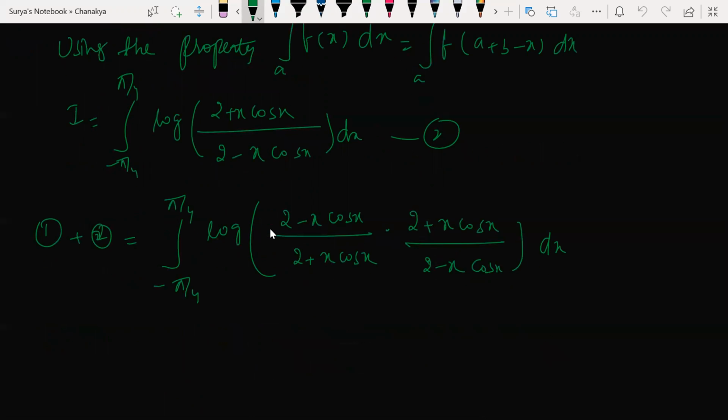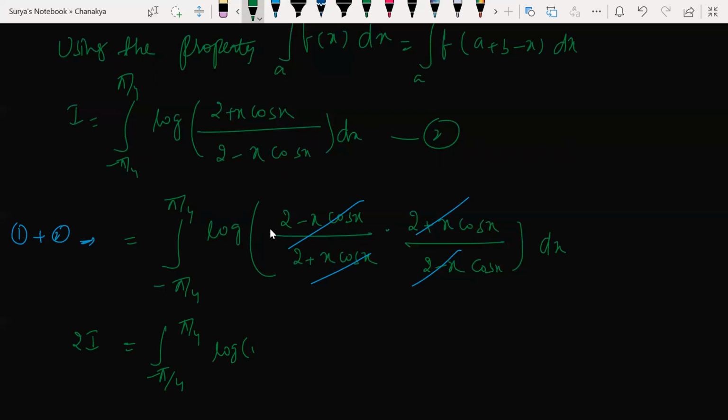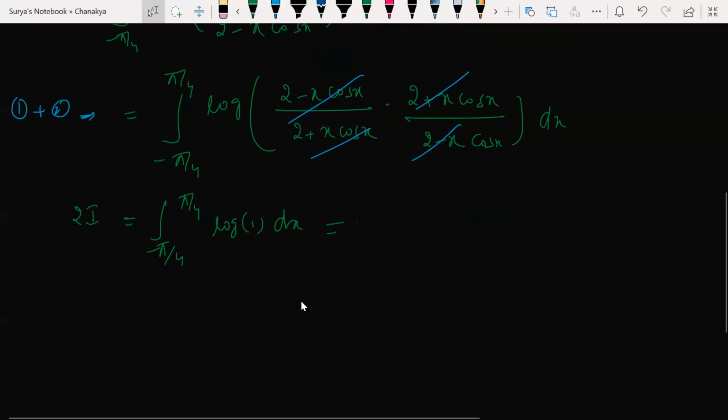So basically this will be getting cancelled. So log 1 is 0. So I plus I, 2I, is equal to the integral from minus pi by 4 to pi by 4 of log 1 dx, which is 0. I is equal to 0.